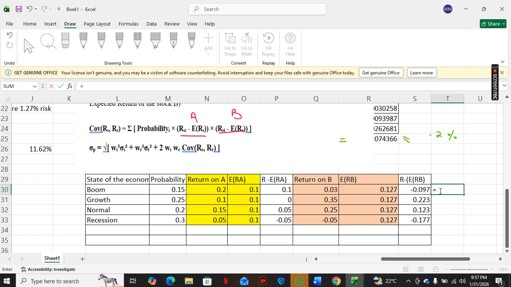So here we're going to say the probability of a boom, 0.15, multiplied by the deviation for A multiplied by the deviation for B. We continue.